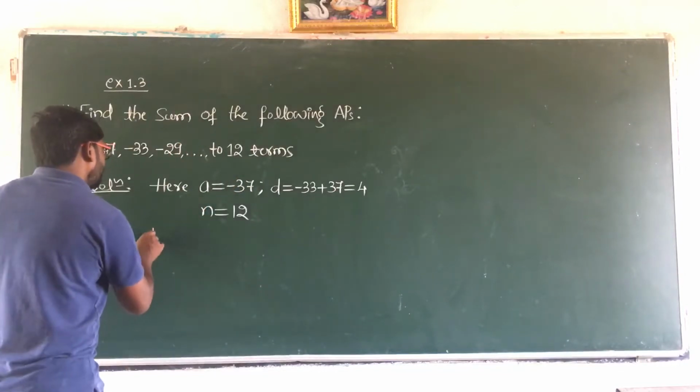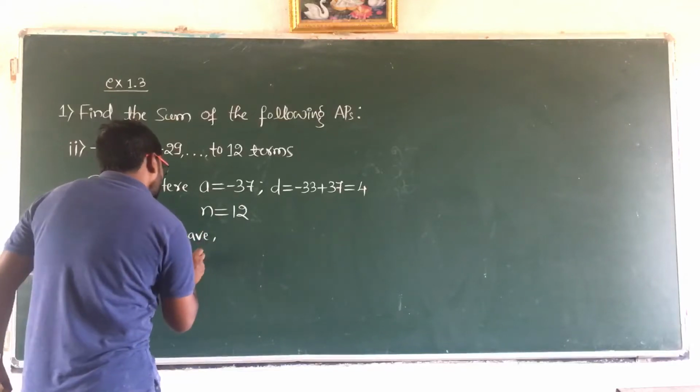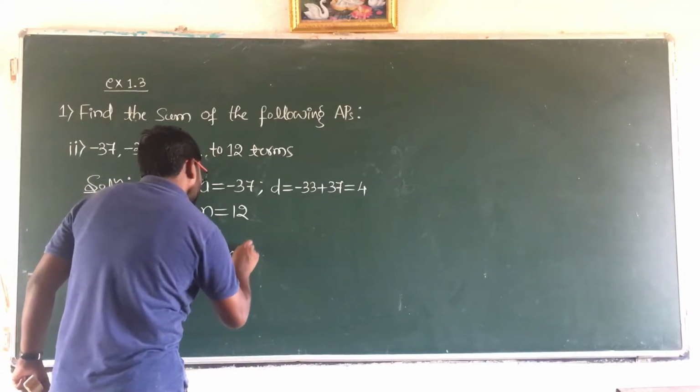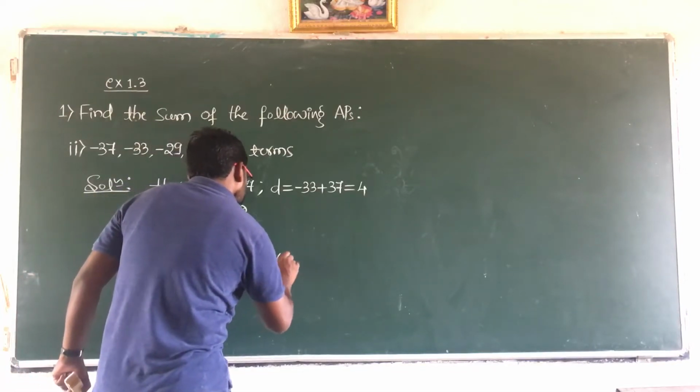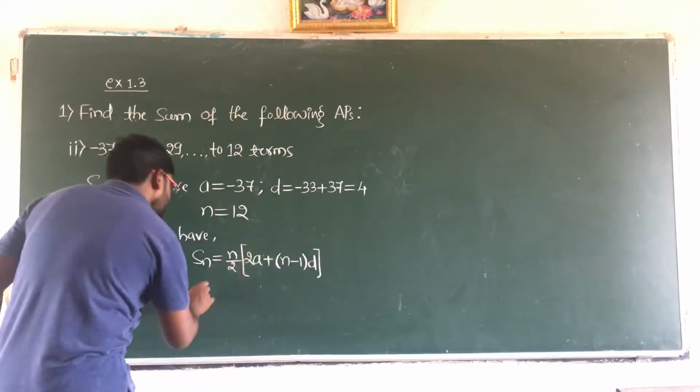So now we have S_n equal to n by 2 into 2a plus (n minus 1) into d. Substitute in this formula.